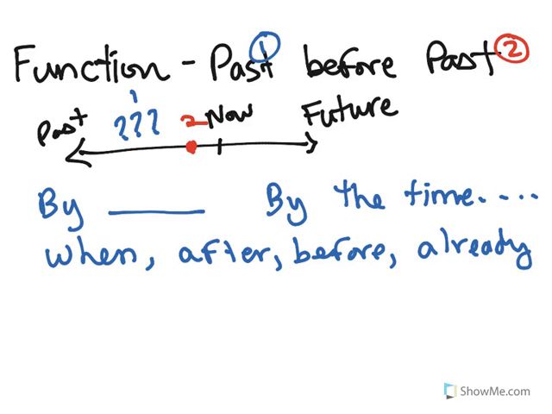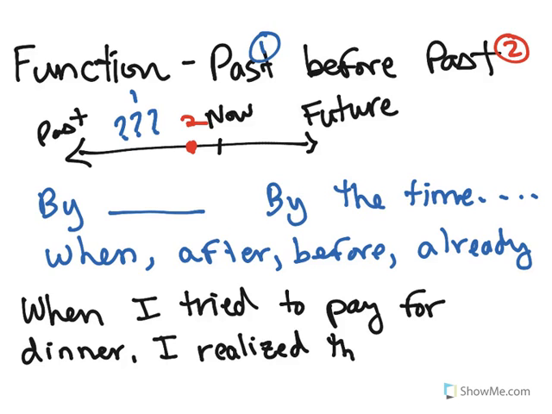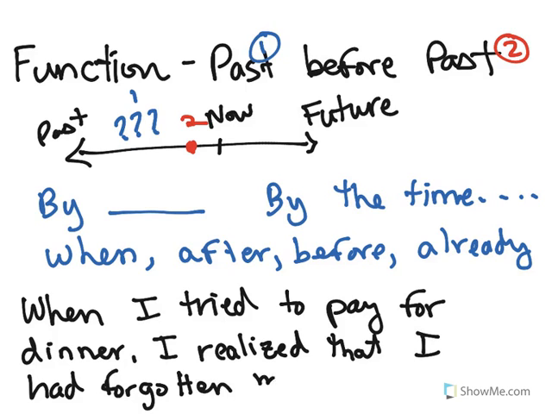So let me give you an example. All right, so an example here, we'll say something like, when I tried to pay for dinner, I realized that I had forgotten my wallet at home.